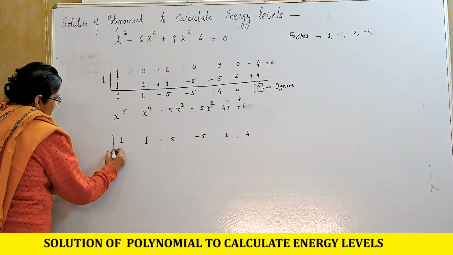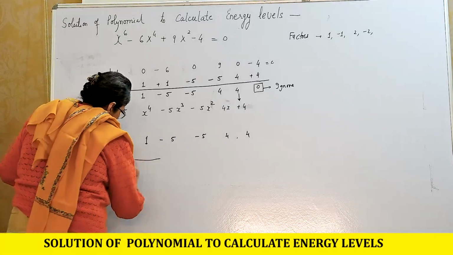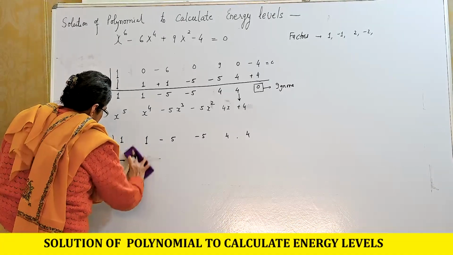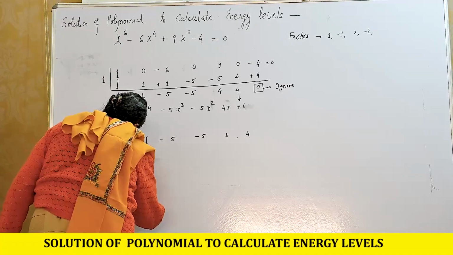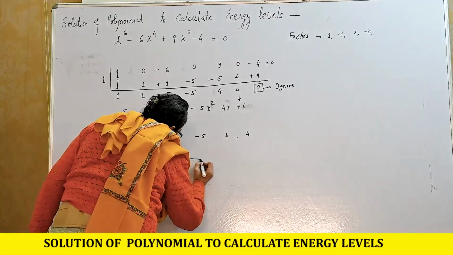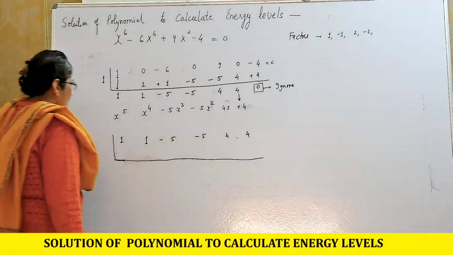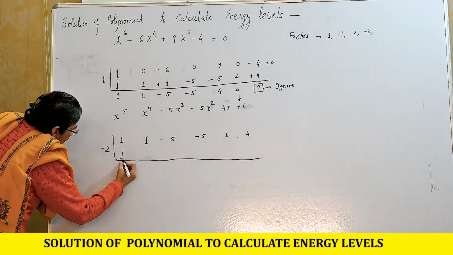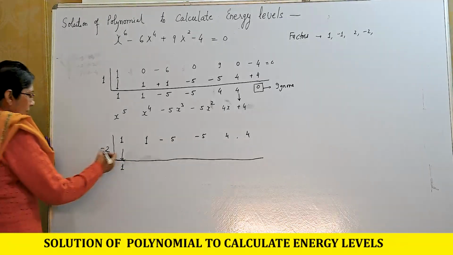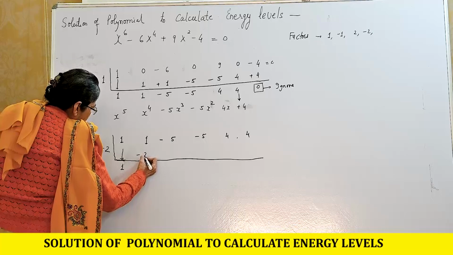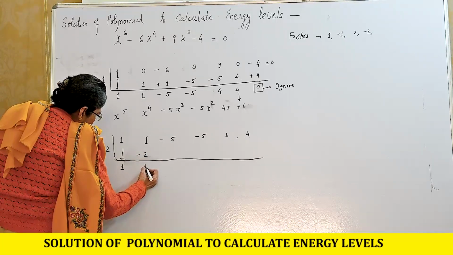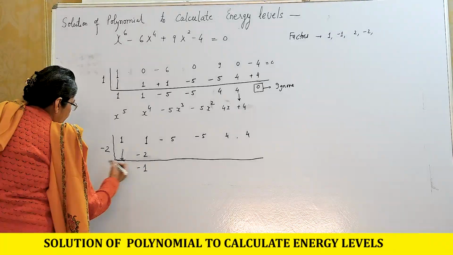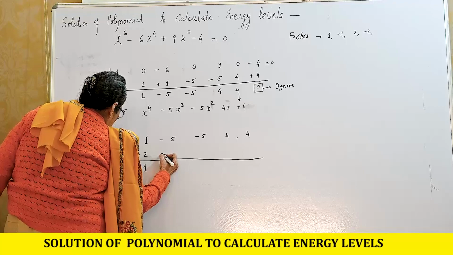And now we choose another factor, say that factor is -2. 1 we write down as such, 1 times -2 is -2 and here we get -1, -2 and -1 is -2.